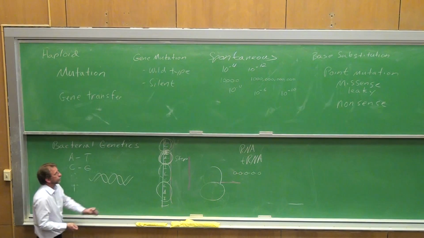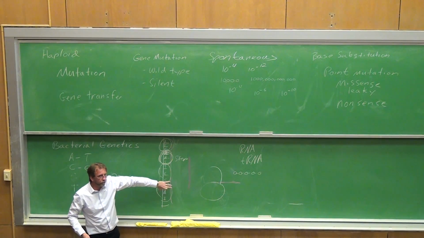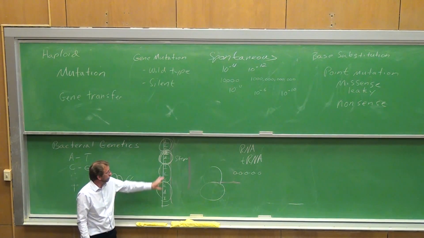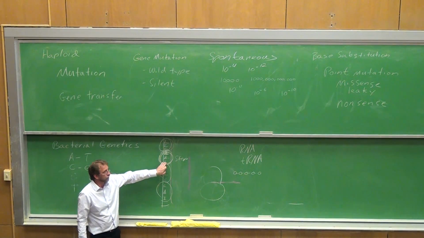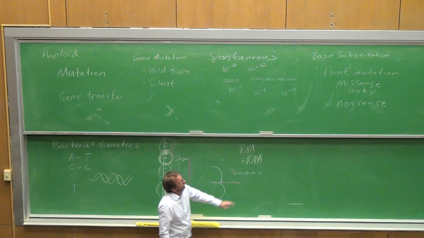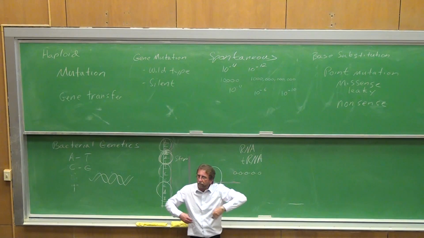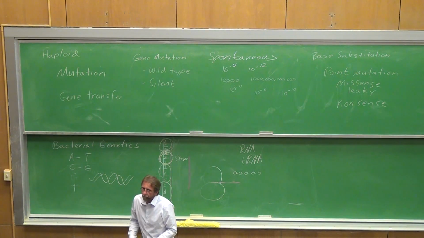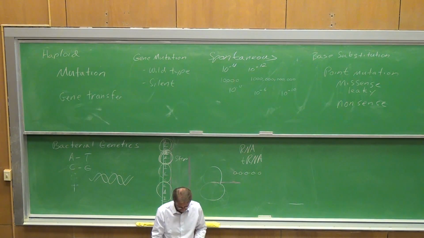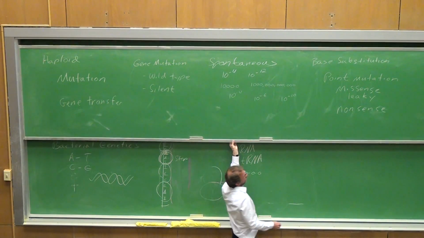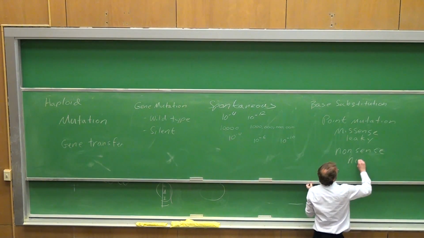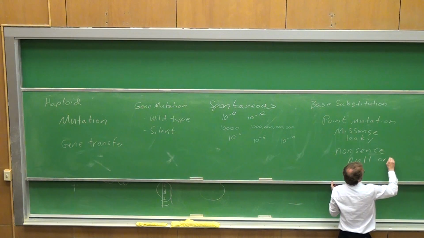It just stops the transcribing of that particular gene. In that case, we'd call it a nonsense mutation because the protein doesn't get produced. You might also refer to it as a null or knockout mutation.